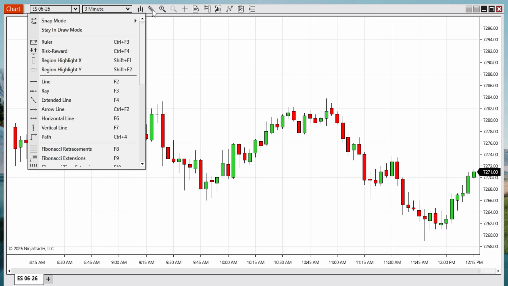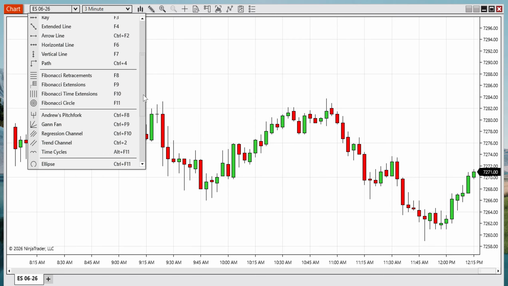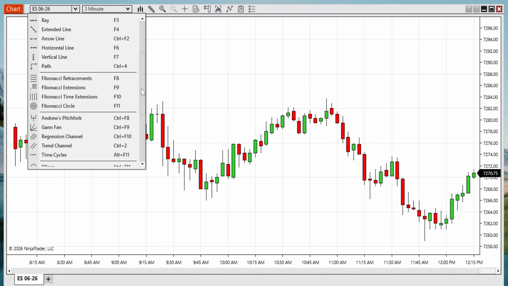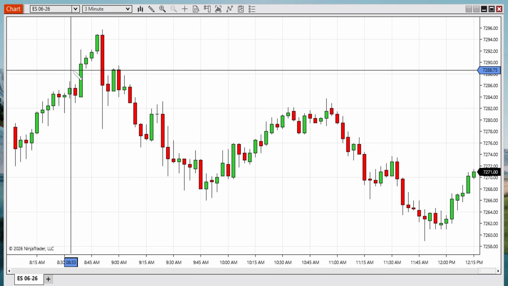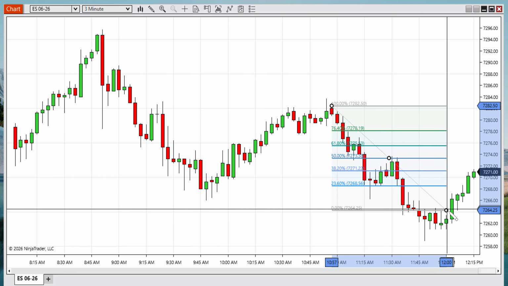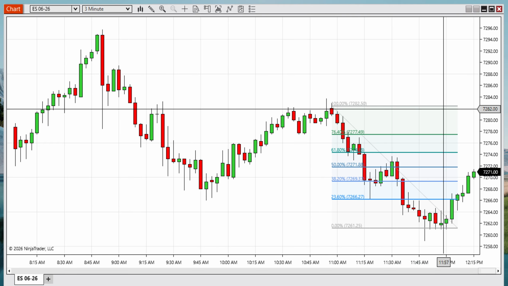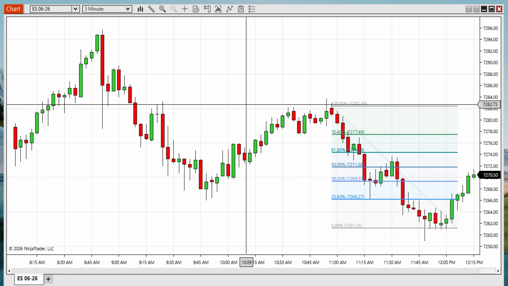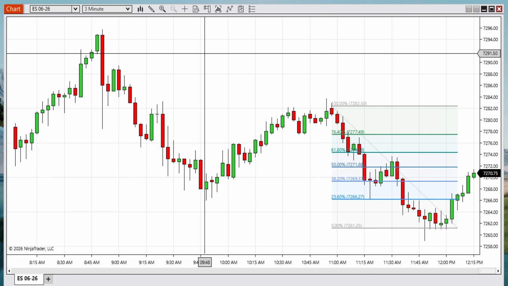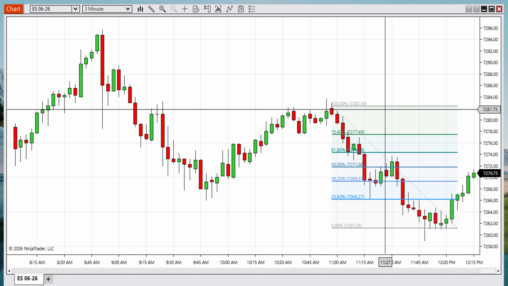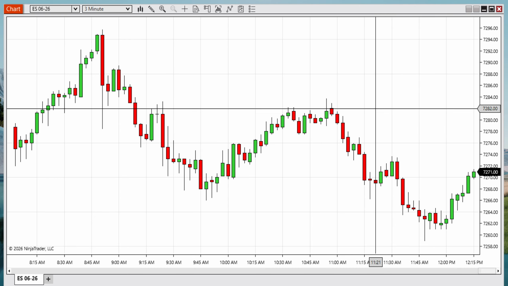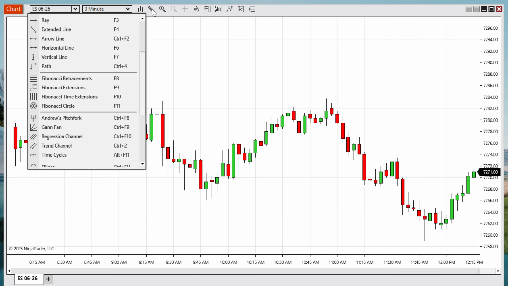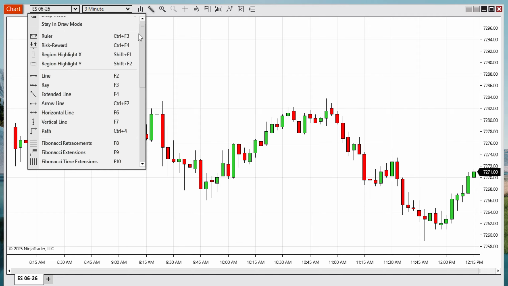Okay, so this is drawing tools. So we have a number of things, Fibonacci series, all that fancy stuff, you can try all these things. It's 50%, 38%, standard deviation. Okay, and if you just don't want it, click on that one and then click delete, it goes away. So that is drawing tools.